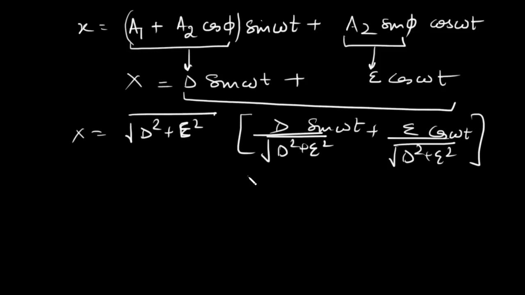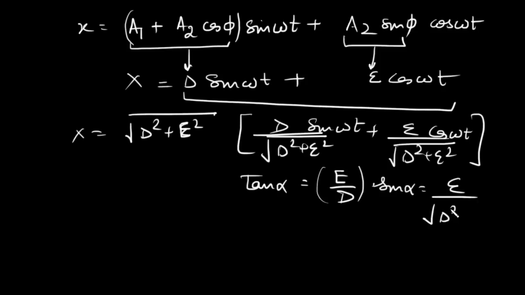So we can assume tan alpha is E upon D. If tan alpha is E upon D, what is sin alpha? Sin alpha will be E upon root under D square plus E square. And what will be cos alpha? Cos alpha will be D upon root under E square plus D square.